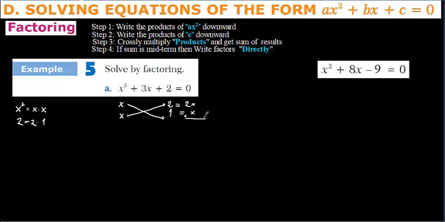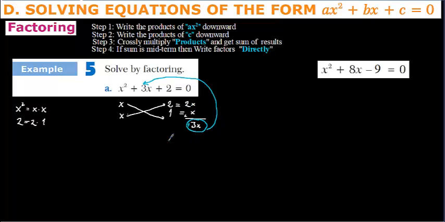Then I'm going to get the sum of the results here. The sum of the results means the sum of these 2 results: 2x plus x is equal to 3x. I got the midterm here, this is plus 3x, and the midterm in the equation is also plus 3x.